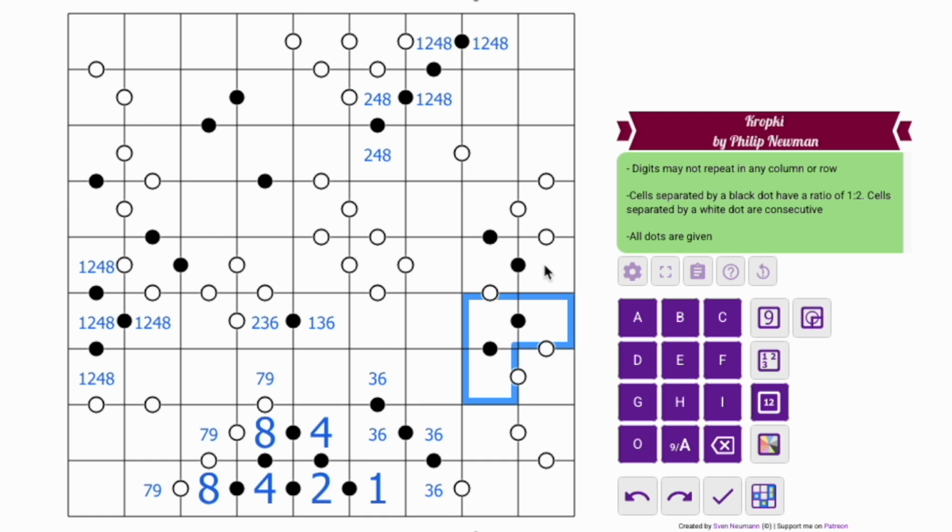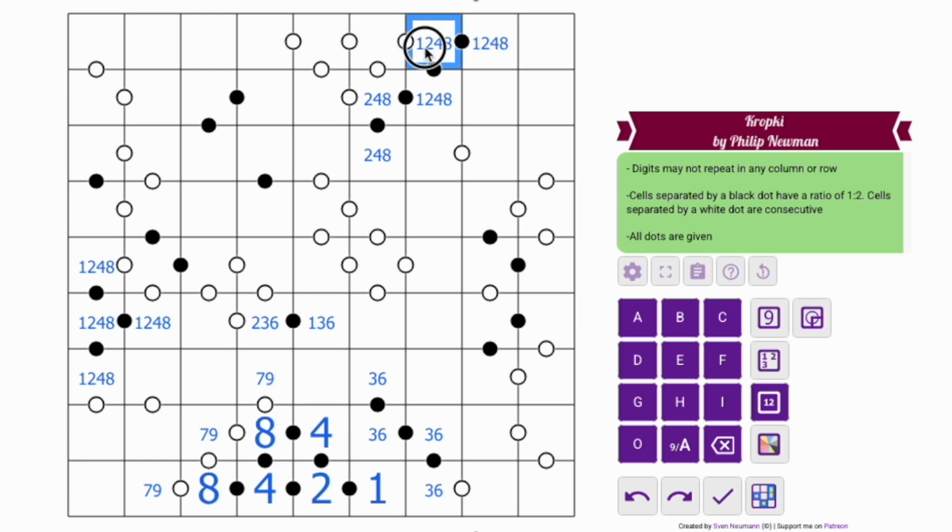Probably going to have to start thinking about white Kropkis soon. But I'm trying to do as much as I can with the black ones because they tend to be very useful. This number... Is this constrained? Does this constrain these in any way?